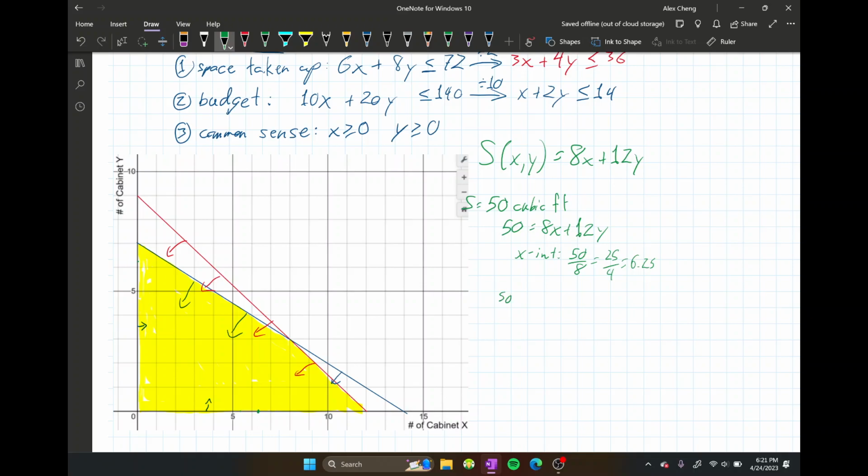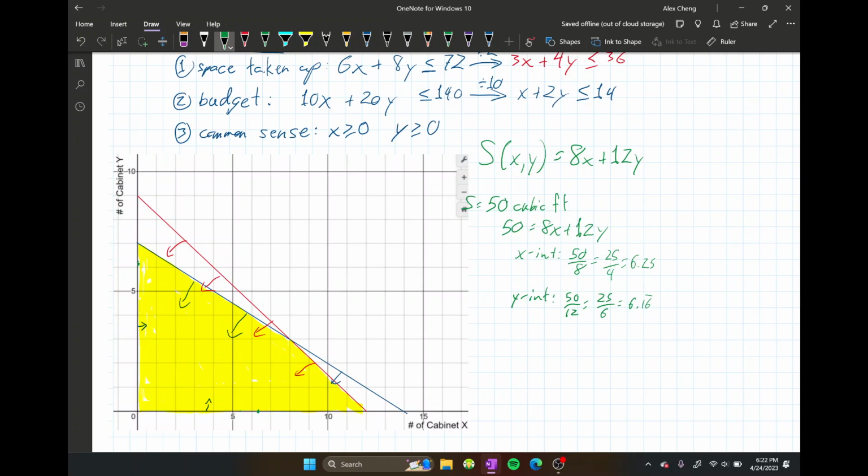Now my y-intercept. I'll set x equal to 0 and I get 50 over 12. Dividing top and bottom by 2, I'll get 25 over 6, so that's 6 1/6, which is about 6.16 repeating. So that's going to be a little over 6, something like so.